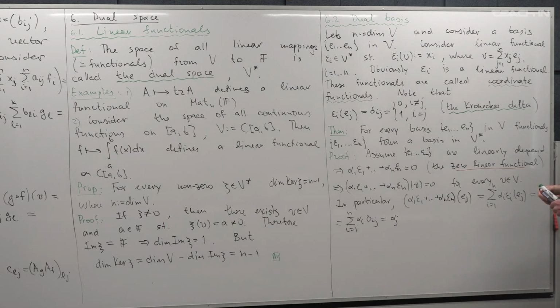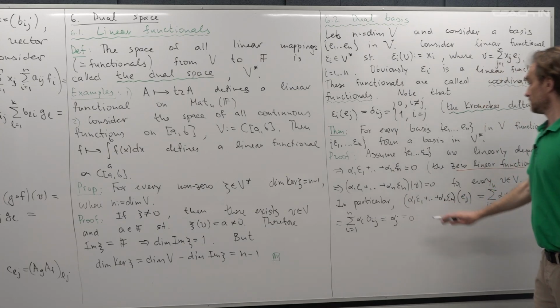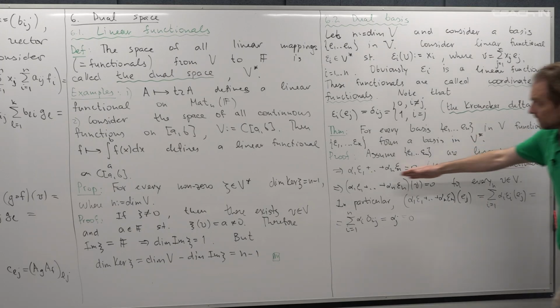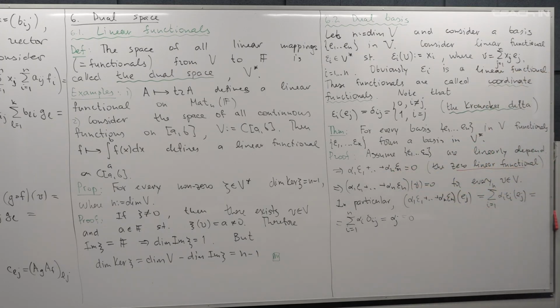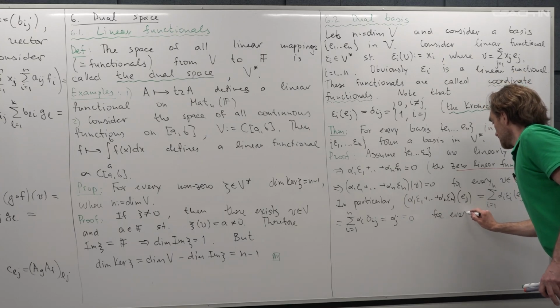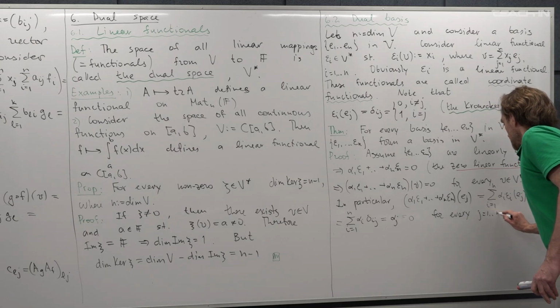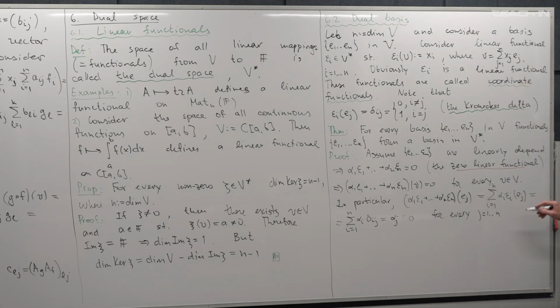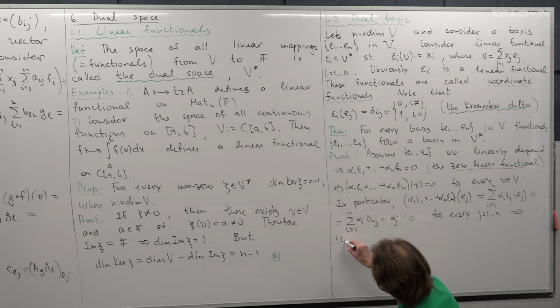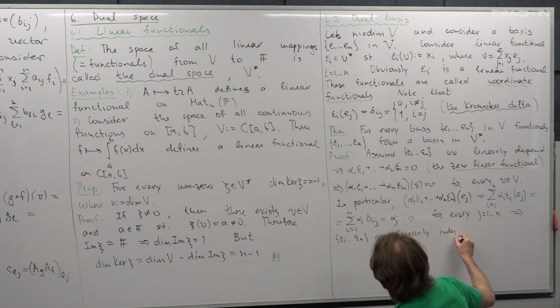And this is 0, just because the value of this linear functional on every vector is 0. And so this is 0 for every j from 1 to n. And so the linear combination is trivial, and that's why these functionals are linearly independent.